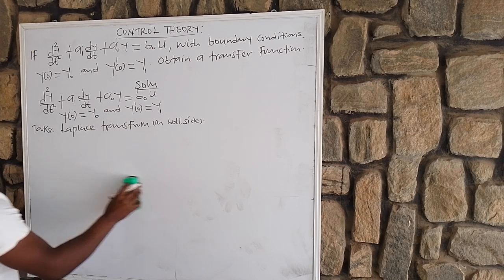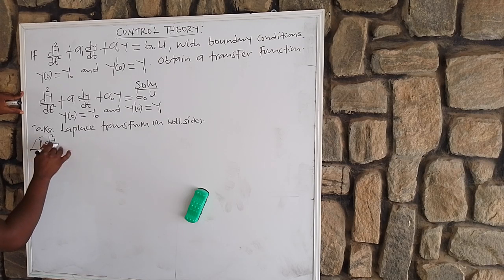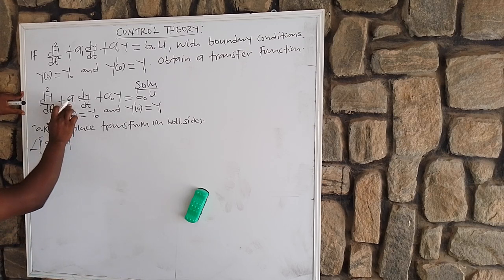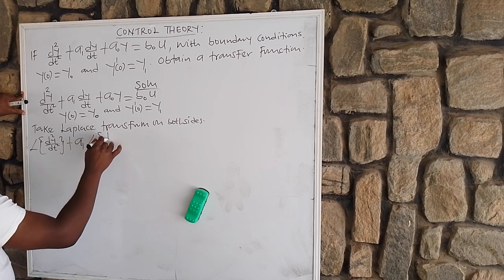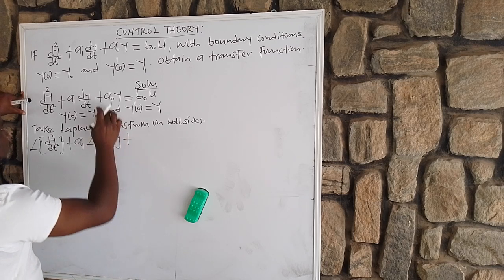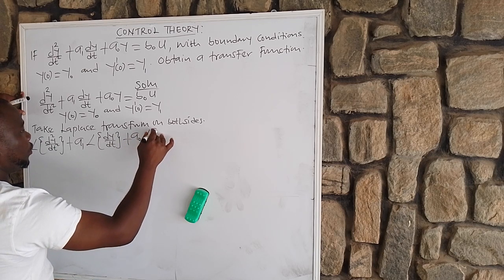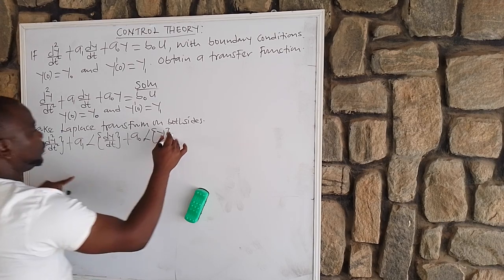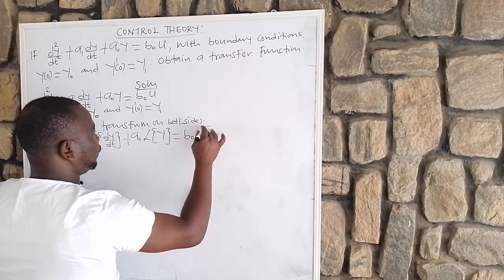So the Laplace transform will now be Laplace of d squared y over dt squared, plus a1, which is a constant, times Laplace of dy over dt, plus a naught, a constant, times Laplace of y, equals b naught, a constant, times Laplace of u.